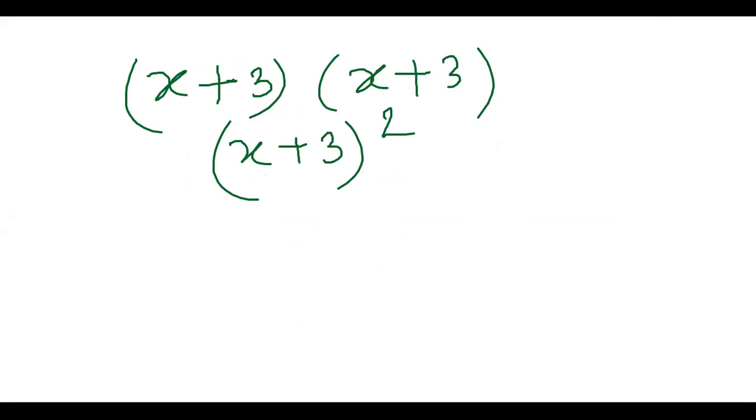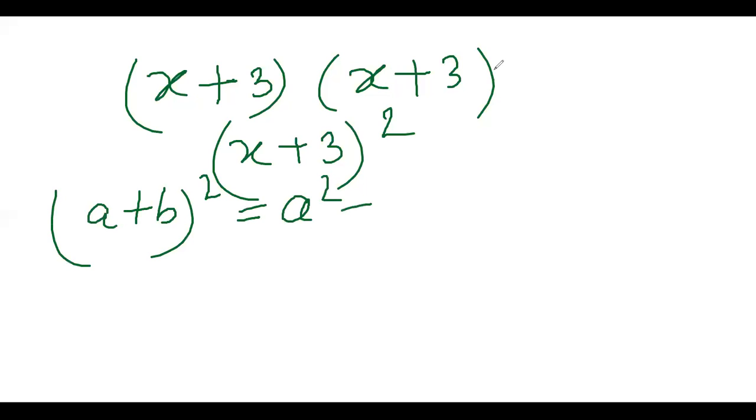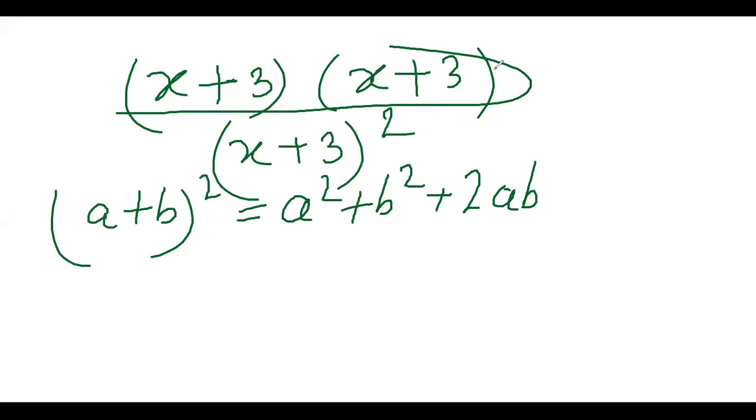So we will use identity here. We'll use here identity (a plus b) whole square, which is equal to a square plus b square plus 2ab, right?